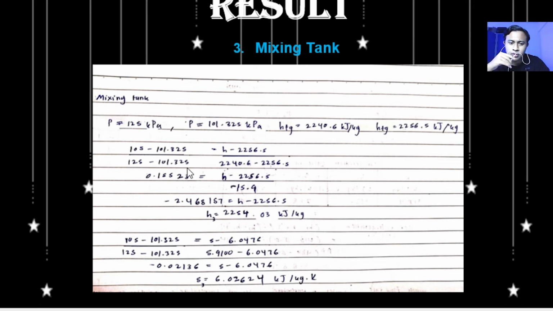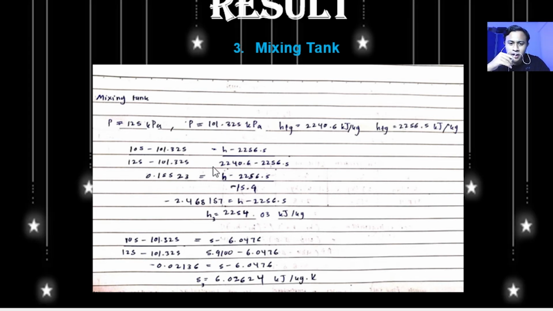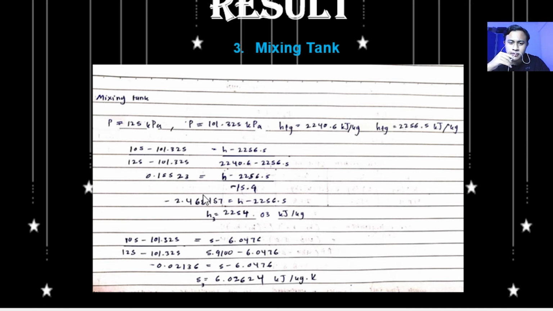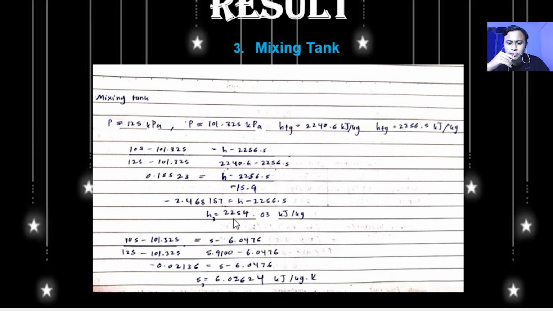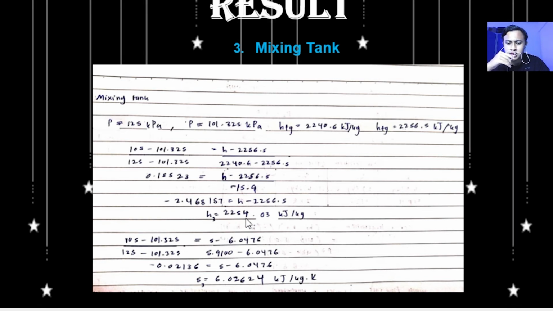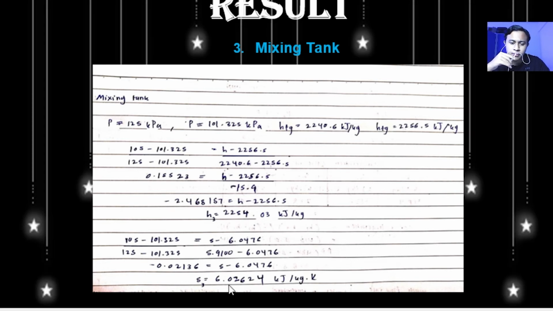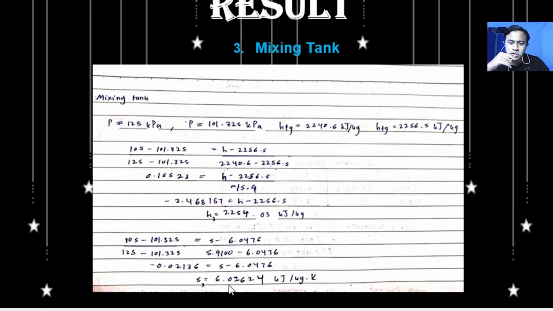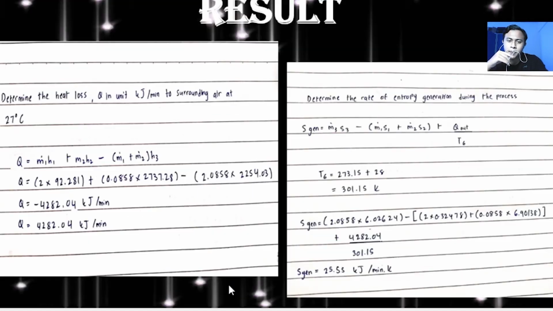So we take the values to do the interpolation and we get the enthalpy for 105 kilopascal as 2254.03 kilojoule per kilogram and the entropy as 6.02624 kilojoule per kilogram times K.